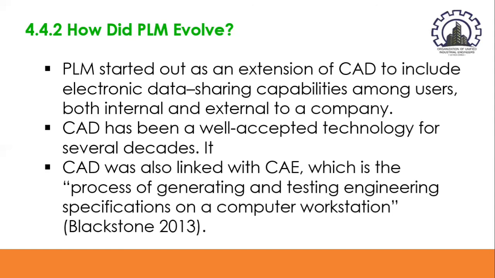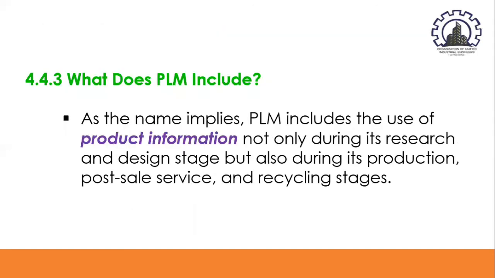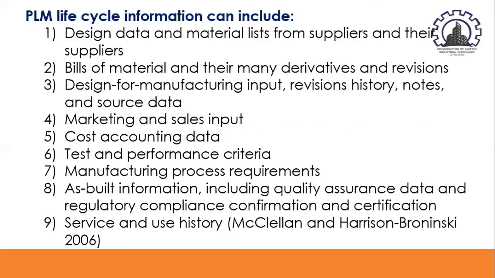So what does PLM include? Well, as the name implies, PLM includes the use of product information not only during its research and design stage, but also during its production, post-sale service, and recycling stages as well. So PLM life cycle information can include design data and material lists from suppliers and their suppliers. We also have BOM and their many derivatives and revisions.